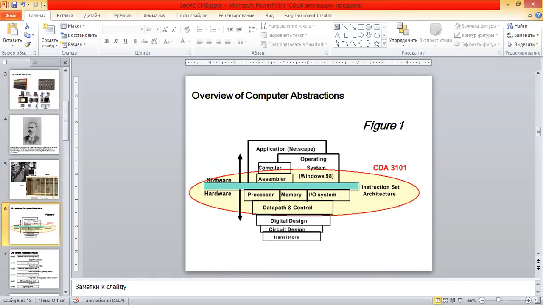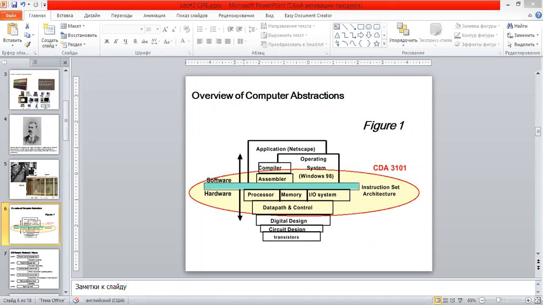Overview of computer abstractions. As shown in figure 1, the computer system is divided into operating system, assembler, instruction set architecture, processor, memory and the input-output system, data path, and control.